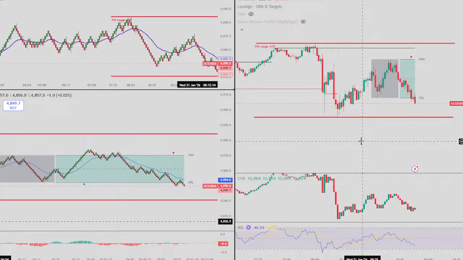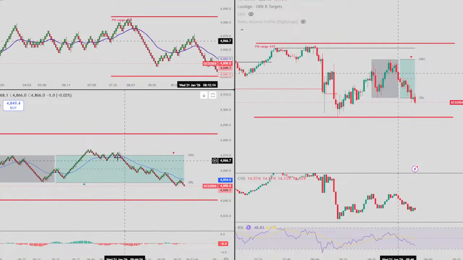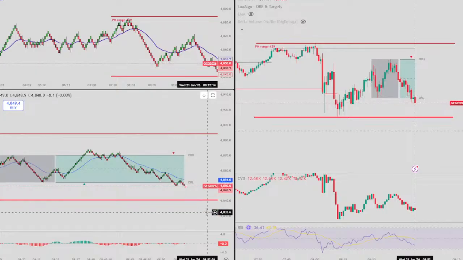We are playing very nicely off this moving average, very nicely. And we did break the 15-minute, but we are not holding significantly below it.